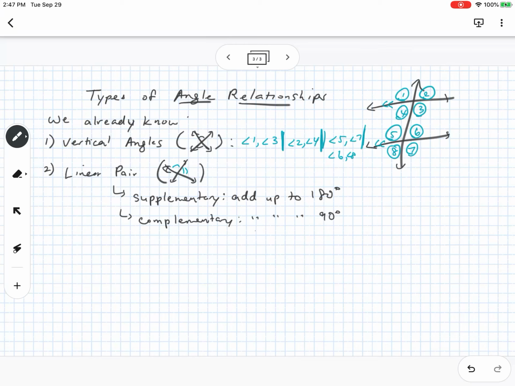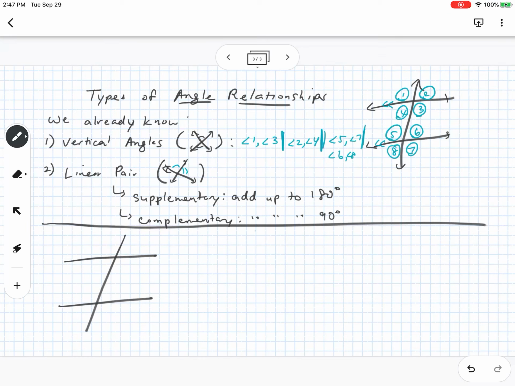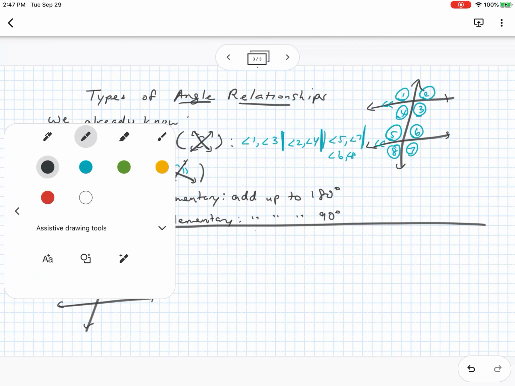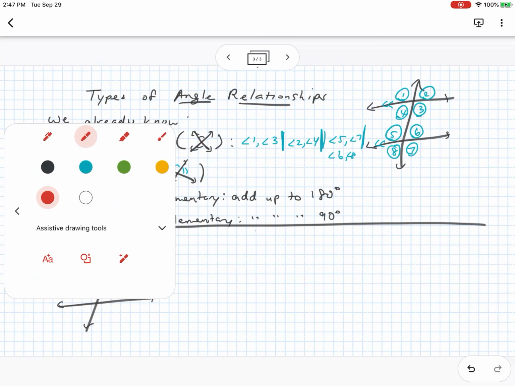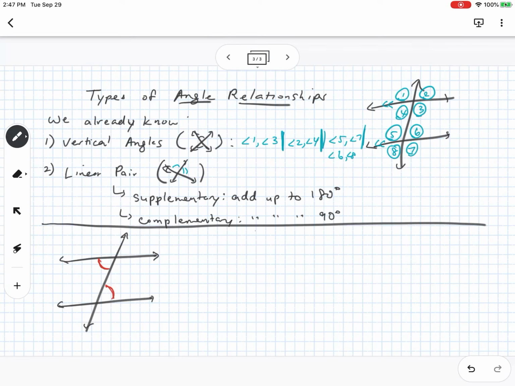Now, what about the parallel lines that are cut by a transversal, right? All of a sudden, we're introduced to these new kinds of relationships. And so to go ahead and describe that for us, I'm going to draw each type of relationship. So I'm going to draw this kind of over and over and over again. Okay, so here are the two parallel lines. And then we'll go with this guy. Then we'll go with that guy. Okay.